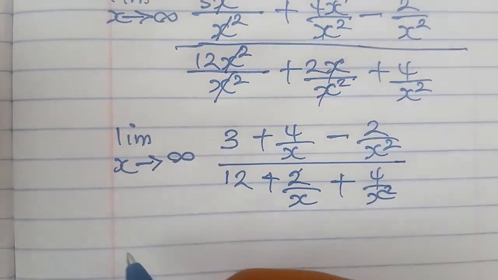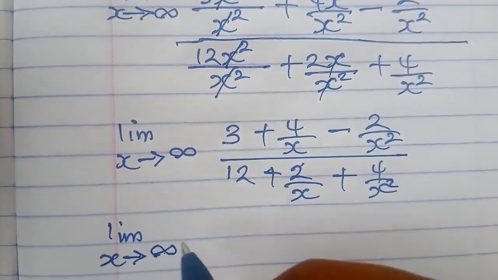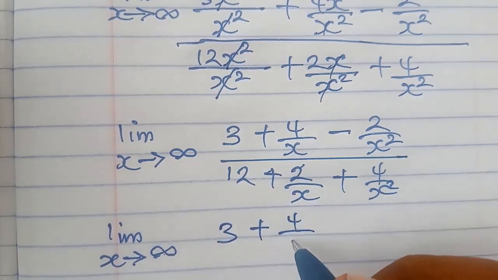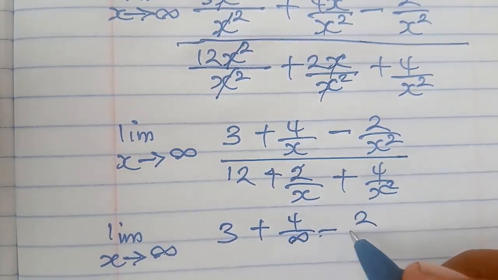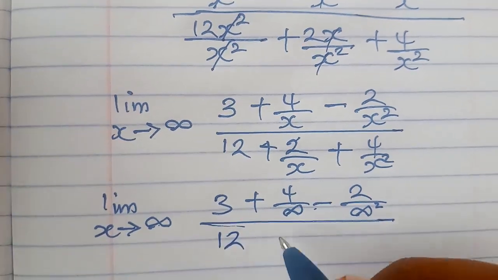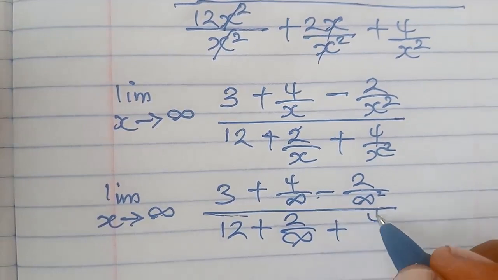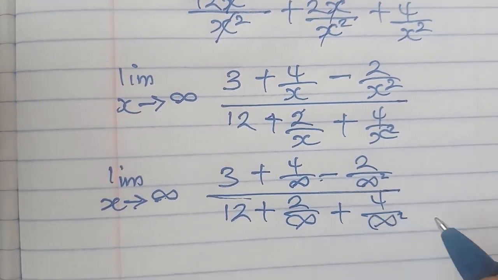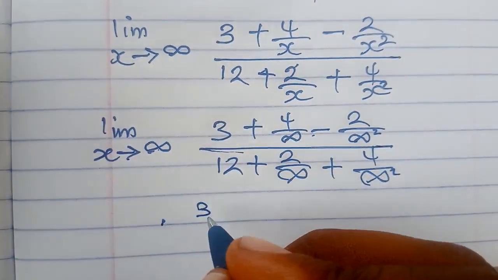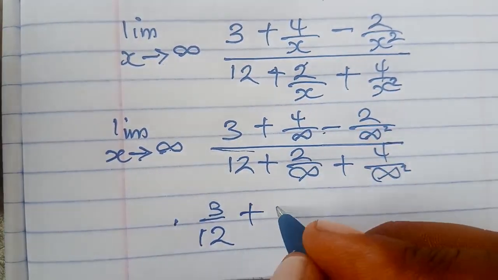Now, when we substitute the limit, which is infinity, we'll have 3 plus 4 over infinity minus 2 over infinity squared, all over 12 plus 2 over infinity plus 4 over infinity squared. 4 divided by infinity is 0.